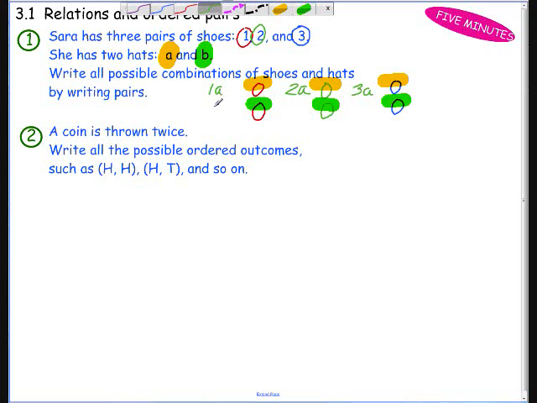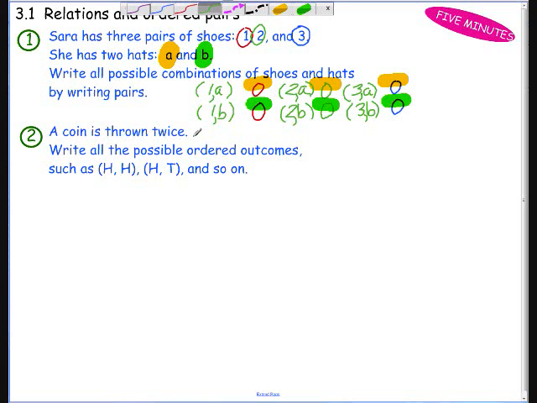And then we'd have 1B, 2B, and 3B. And if I want to write these out in a little bit more formal way, I could do it like this. 2 comma A, 2 comma B, 3 comma A, and 3 comma B.